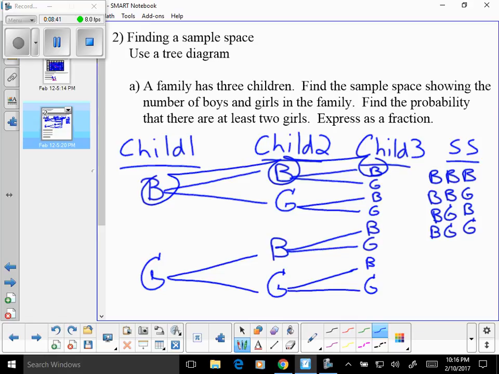Then if I start with the girl, I could have a girl followed by a boy and a girl followed by a boy, then another girl, a girl followed by a girl. That didn't look too good. Let me try that again. A girl followed by a girl followed by a boy, and then, yep, the last one is to have all 3 girls.